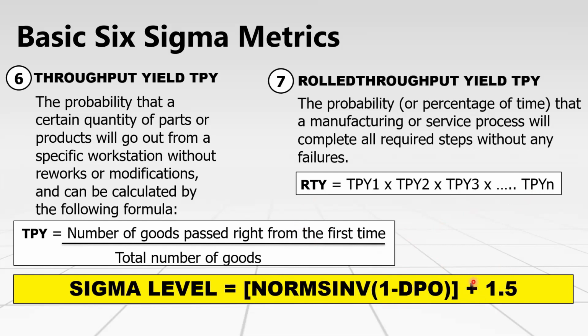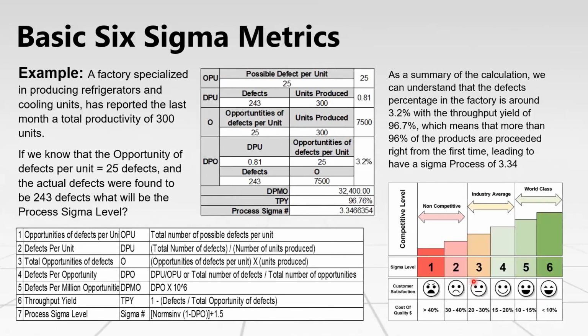So now I believe it's time to go to the worked example, and let's see. In that example, it says that a factory specialized in producing refrigerators and cooling units reported last month a total productivity of 300 units.